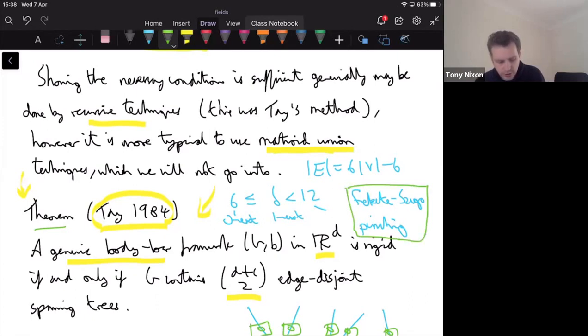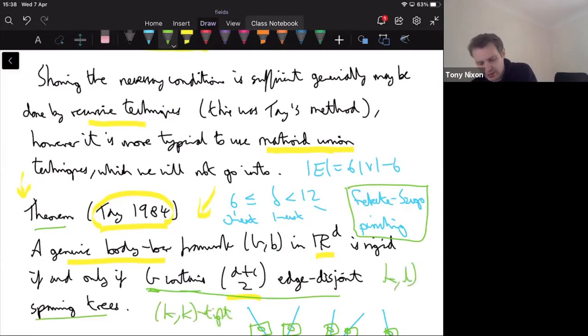So the graph that contains the spanning trees is a multigraph. So Fekete and Szegő is more general than Tay, because Tay is for (k,k)-tight, and Fekete and Szegő is for (k,l)-tight, where 0 is less than l is less than k maybe, or some range that's roughly like this.